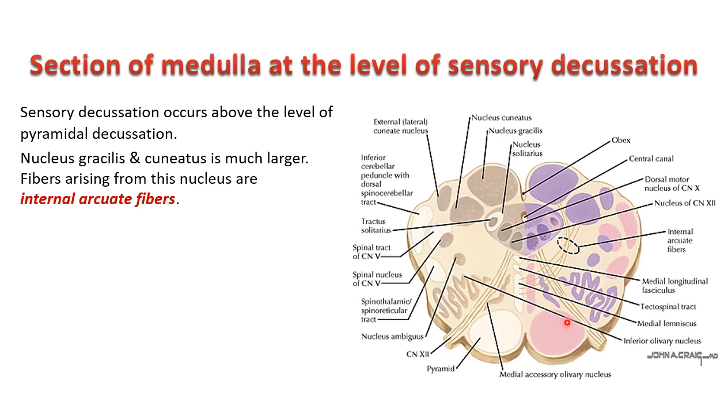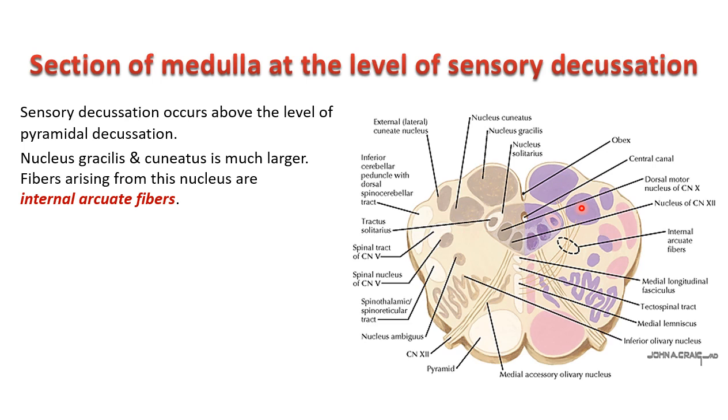The corticospinal tract has not yet crossed; they are going to cross only below, which we have seen in the last slide. Now you are able to see the nucleus gracilis and the cuneatus here.